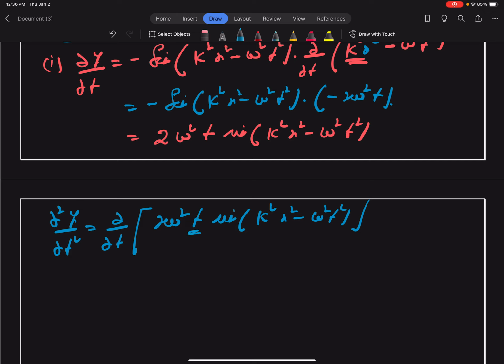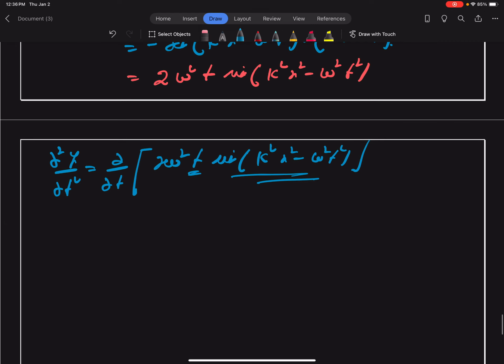And we have two functions, both of them are dependent upon t, so we have to use a product rule in order to find out the partial differentiation.